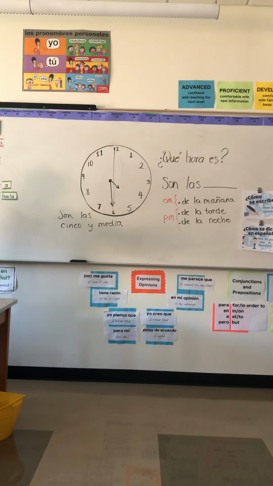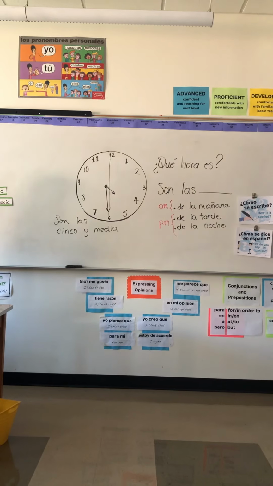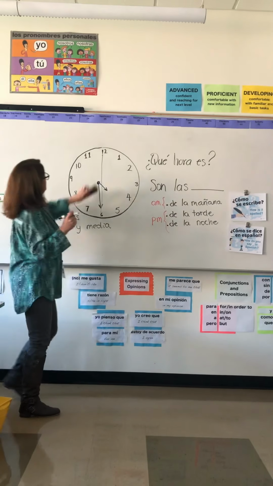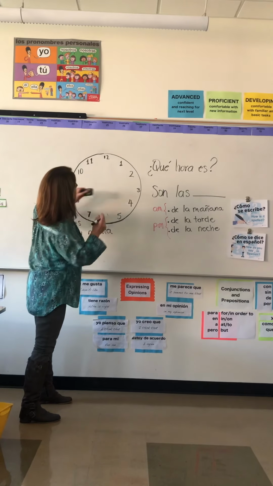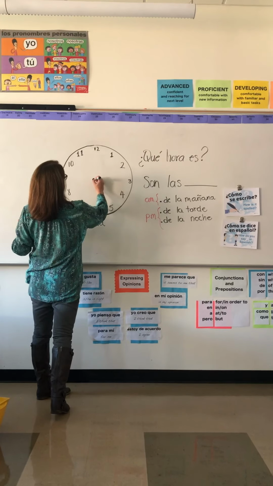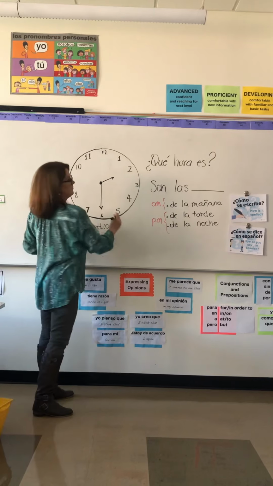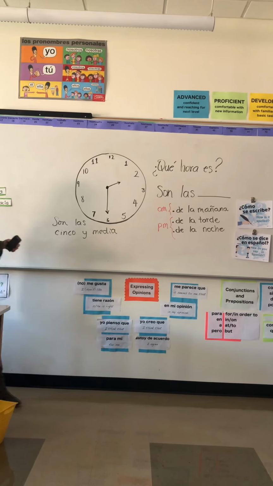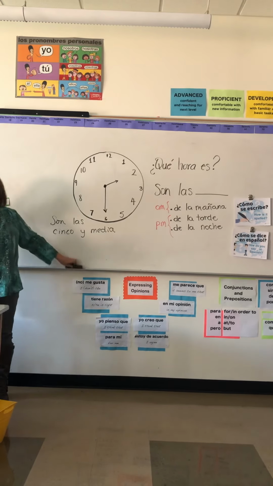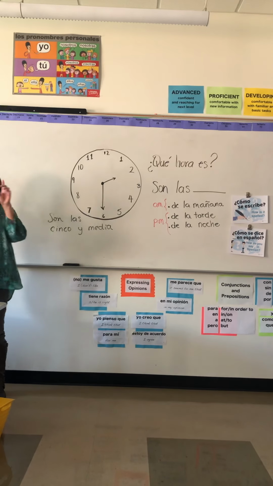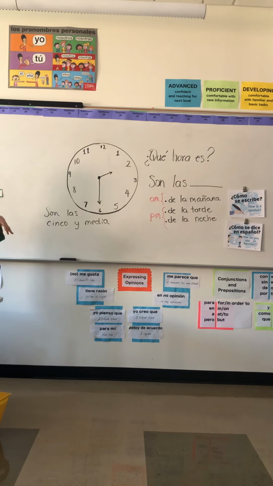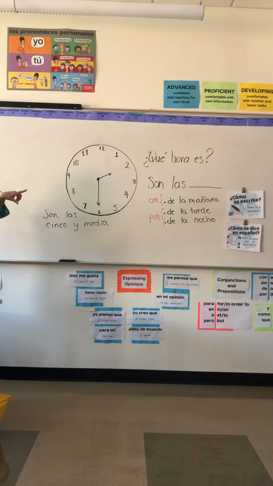Now show me on your clocks. Son las 2 y media. Las 2 y media de la mañana. Yes, 2:30. All right, so you know y media. That means half. Media is half. Media also means sock in Costa Rica, but we're not going to worry about that.